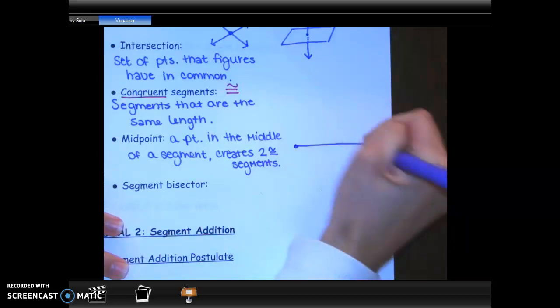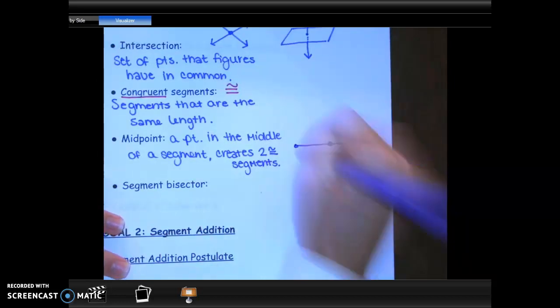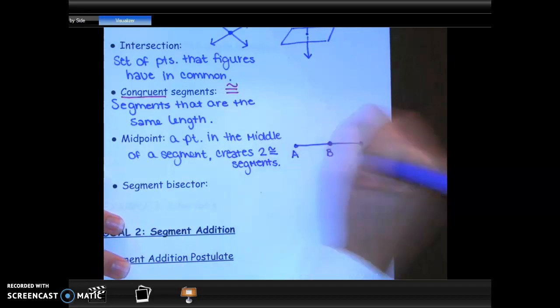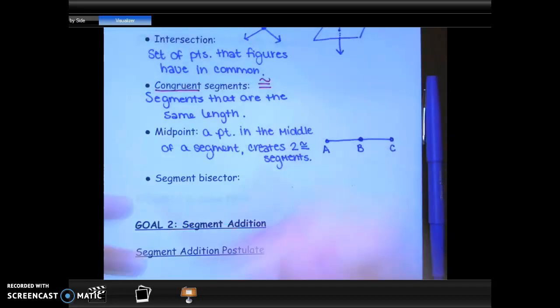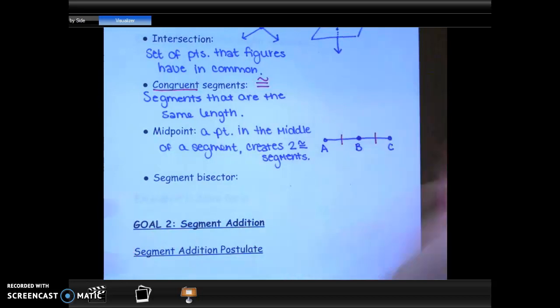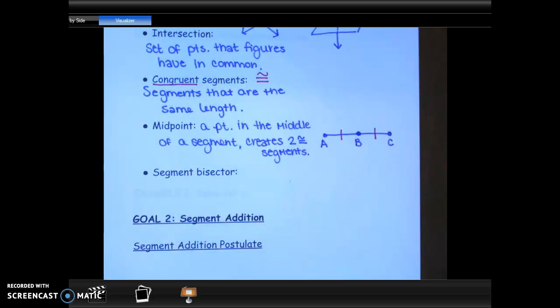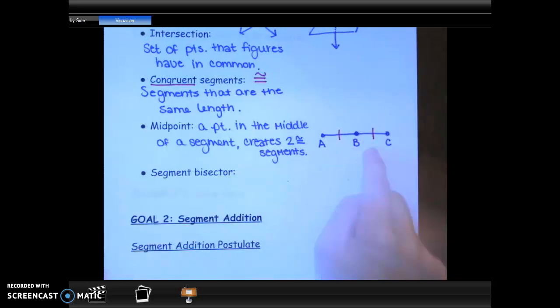So a visual example of that would look a little something like this. Say B is the midpoint. That would mean that these two segments are congruent. You can notate congruency by having the same number of dashes.